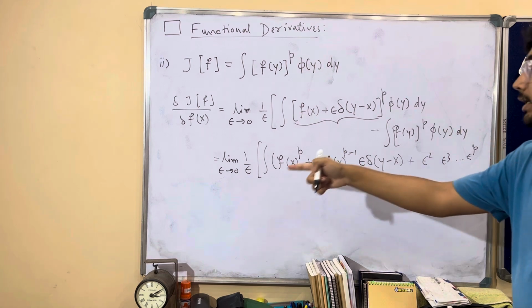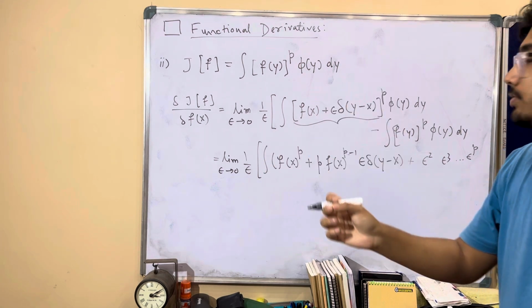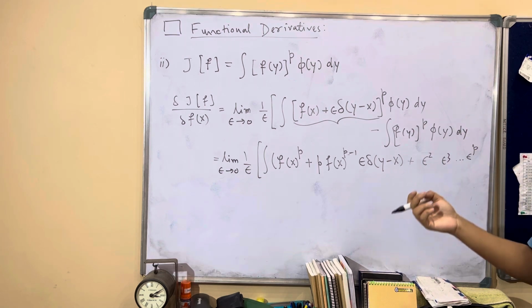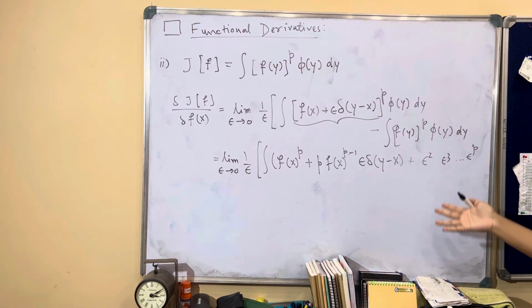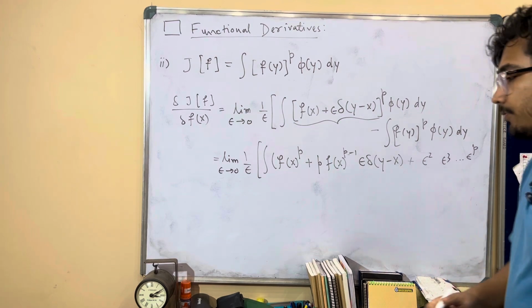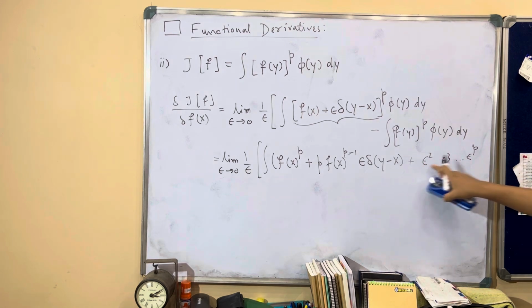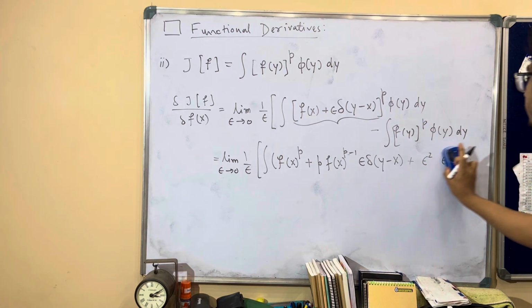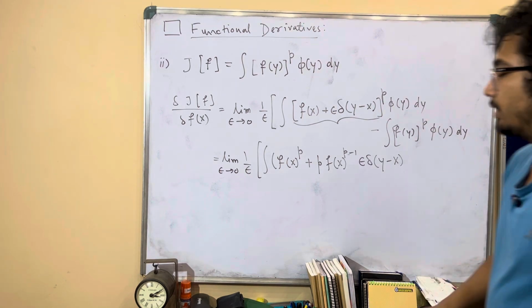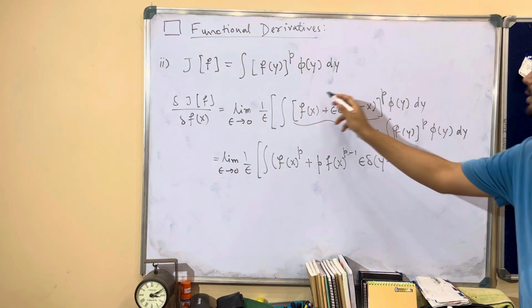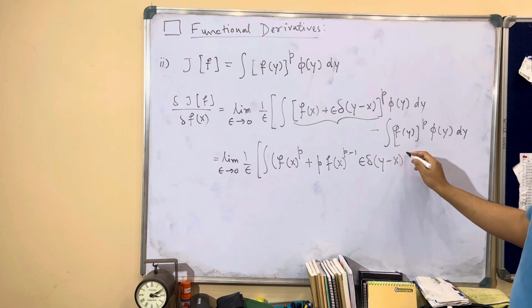But as we have taken epsilon to be very close to 0, we can omit these terms. As a number very close to 0, its higher power is even closer and can be approximated to be equal to 0. So we will neglect these terms, and this is the Taylor expansion of this part up to first order.